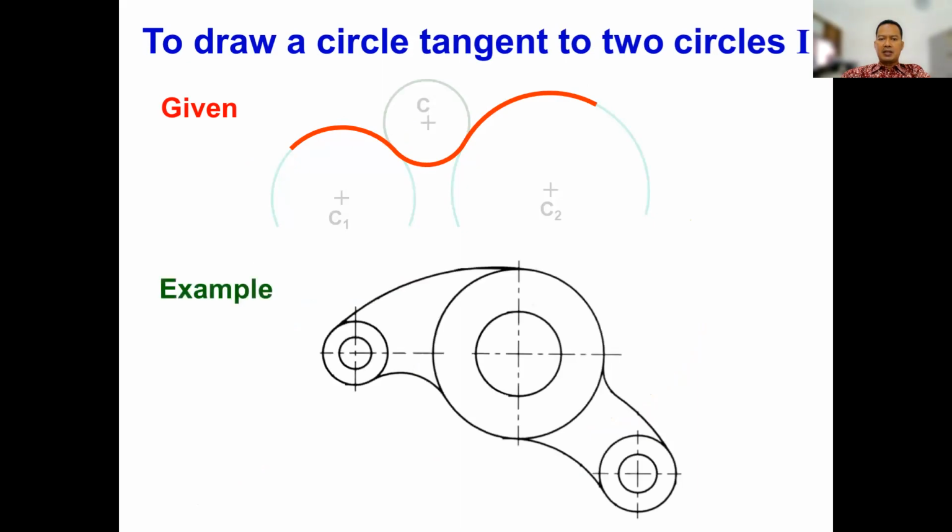For example, this is applied to drawing. For example, we have several types of circle tangent with two circles.